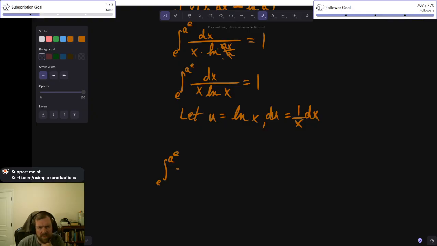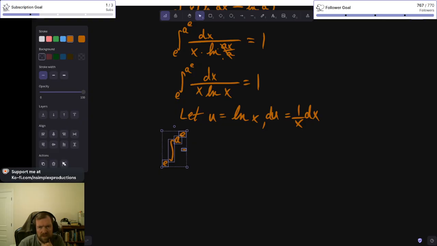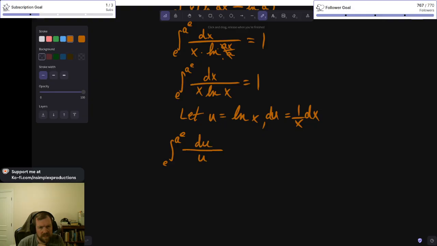So then this is going to be the integral of du over u, subject to those conditions up there, where these limits are x equals, not u, which we could go through and change if we want to. That's perfectly fine.